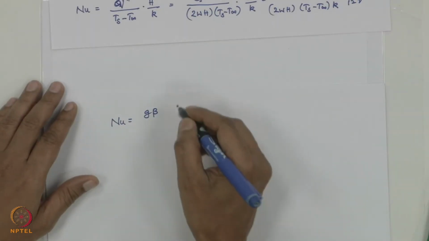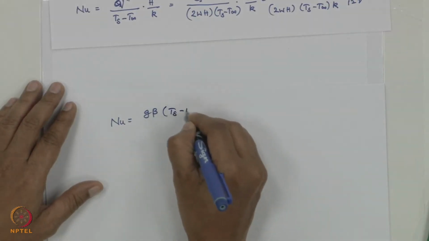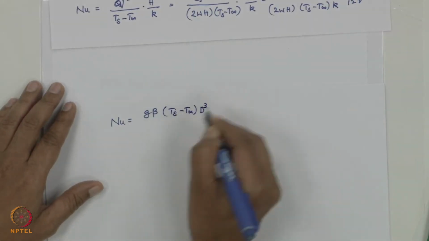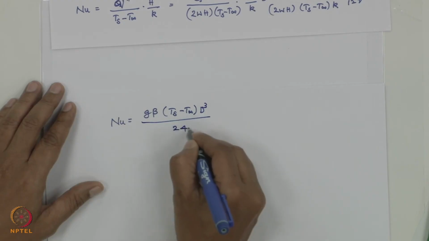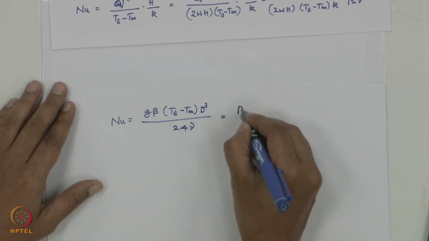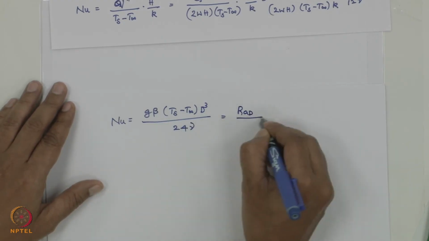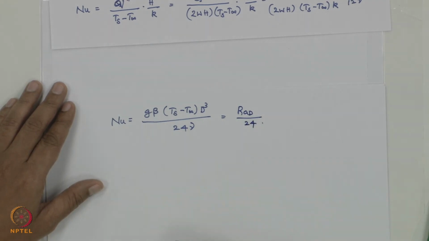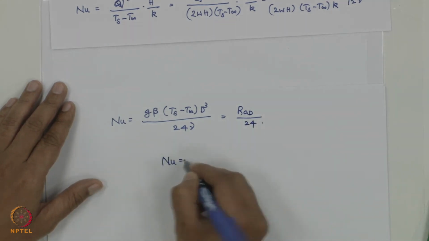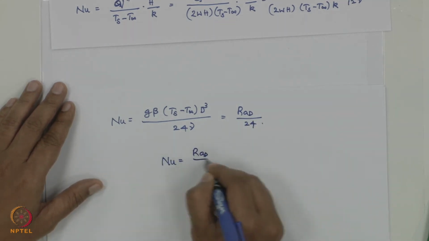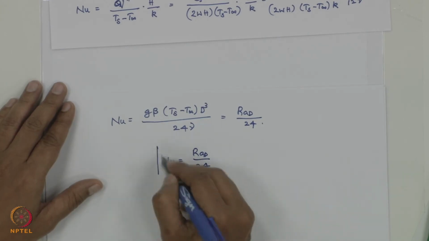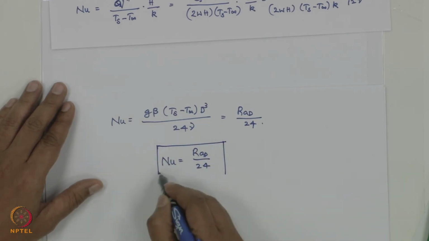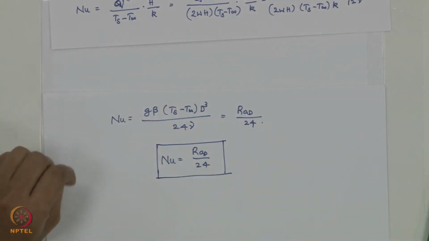So g beta Ts minus T infinity d cube upon 24 nu, which is nothing but Rayleigh number upon 24. So you see, with that simple assumption we could get that for the flow to sustain, Nusselt number equal to Rayleigh number upon 24. So with this the module gets completed.